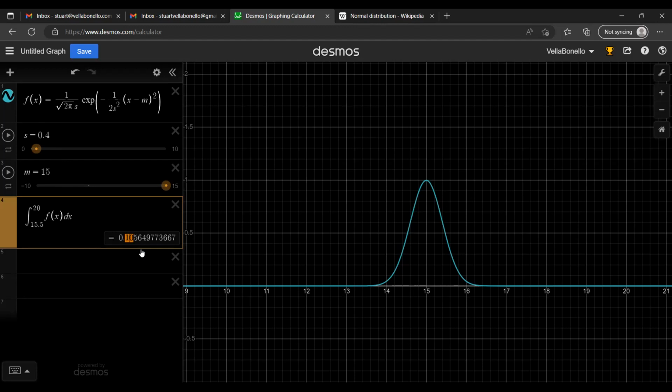Now, if you increase the variance, this is going to decrease. No, it's actually... Maybe I'm looking at it the wrong way. Yeah, because it is getting flatter, isn't it? The calculation is right.